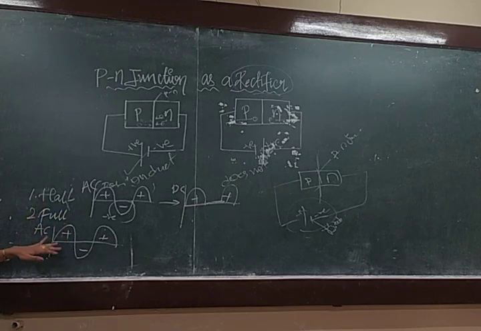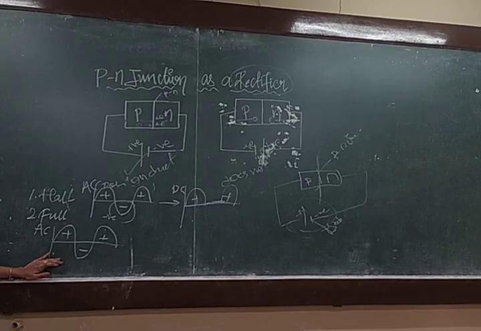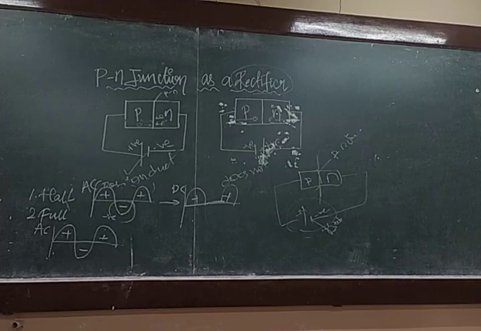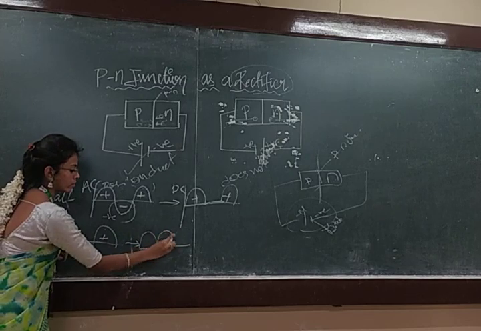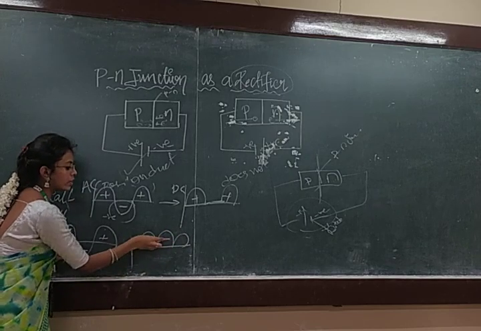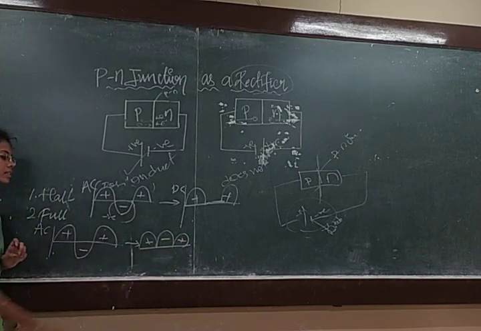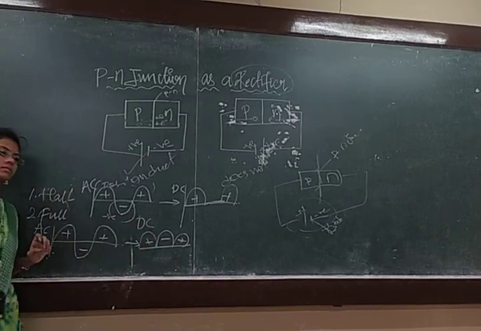But in the full wave rectifier, both the positive cycle and negative cycle will be recorded. So how will you get your output there? Positive, negative, positive.